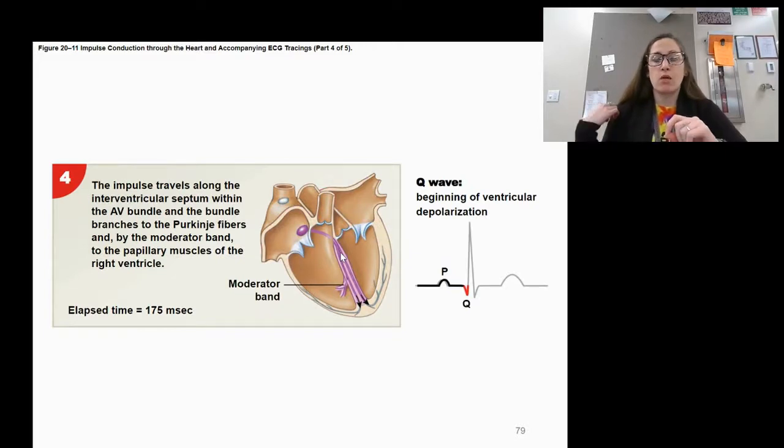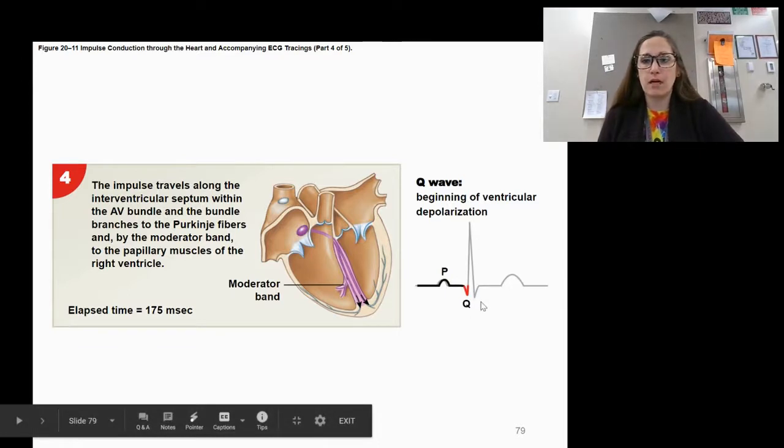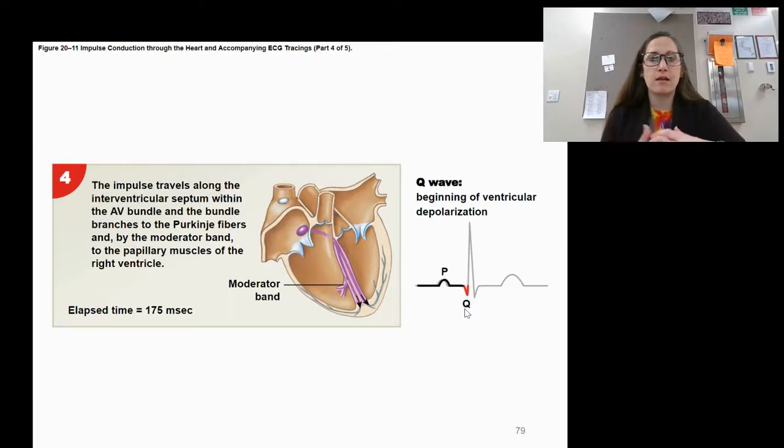All right. So once that happens, we are going to hit what's called the Q, this will be R, and then S complex. And so Q is going to be our initiating of ventricular depolarization, aka ventricular contraction. And that happens because we are now sending out that impulse through the AV bundle into the bundle branches and heading towards the Purkinje fibers.